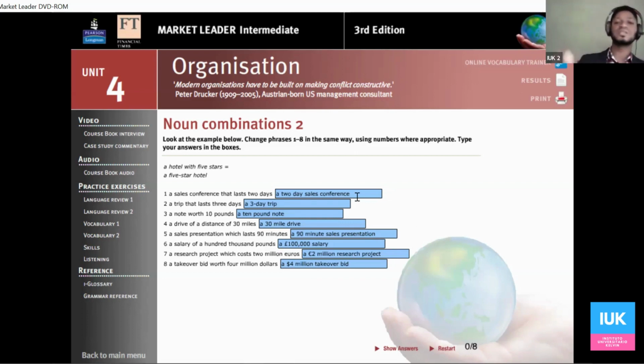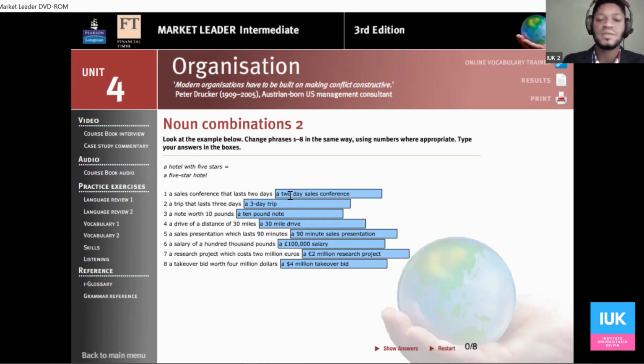So a 2-day sales conference could as well be a mega sales conference, a big sales conference, a small sales conference, a short sales conference, a long sales conference. Just as you do not pluralize all these adjectives, you don't have to pluralize these noun constructed or noun-based adjectives.